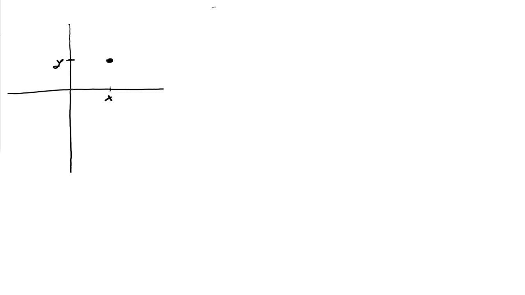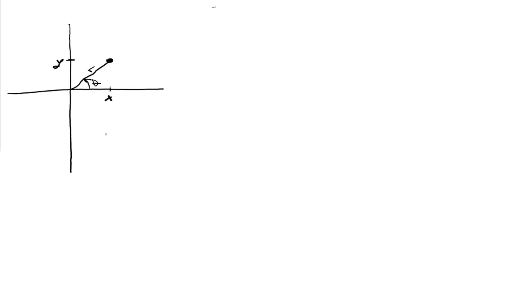If I draw a line segment from the origin, we're going to pretend that's a straight line, to the point, then I can measure a distance from the origin to the point, and I'm going to call that distance R. I can also measure an angle from the x-axis to that line segment, and I'm going to call that theta.